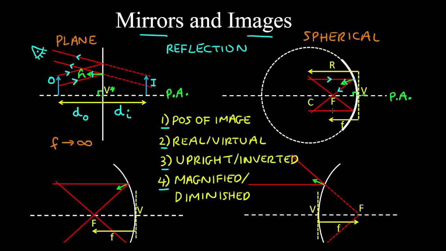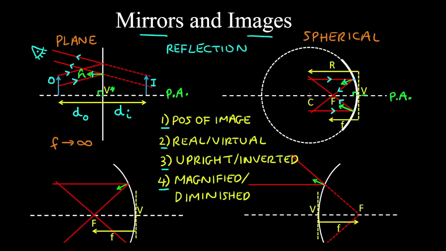And in a similar way, if we have an incident ray that's parallel to the principal axis coming from the bottom, then the reflected ray is going to be in a direction such that it forms the same angle with the normal as the incident ray at this point, by the law of reflection.